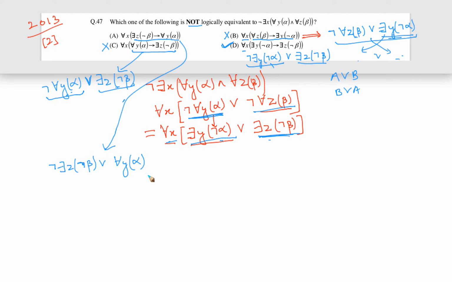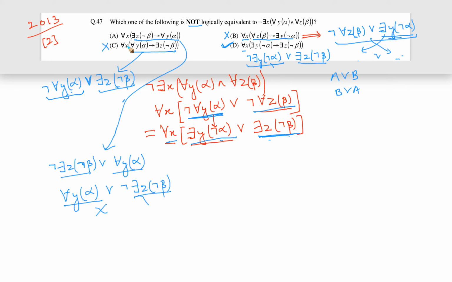The alpha term should be first and the beta term should be second. So firstly write it like that: for all y alpha, or there exists z which is not beta. Now here none of the terms are matching. For all y alpha, there is nothing like that in the left hand side, and then not there exists not beta, it is exactly opposite of this. There exists not beta. So definitely this thing is also not matching. So this is also not equivalent.